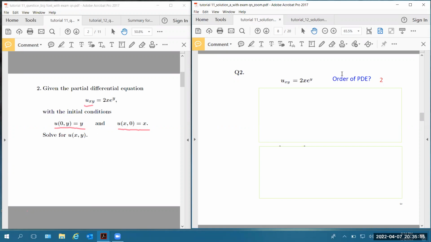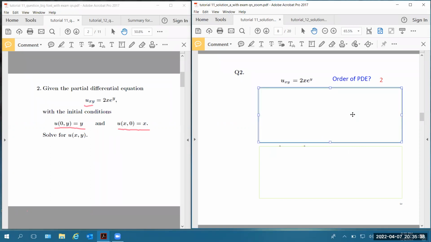It depends on the order of the PDE. It's equal to the order of the PDE. So if the order of the PDE here is 2, we expect 2 arbitrary functions. Everybody okay?